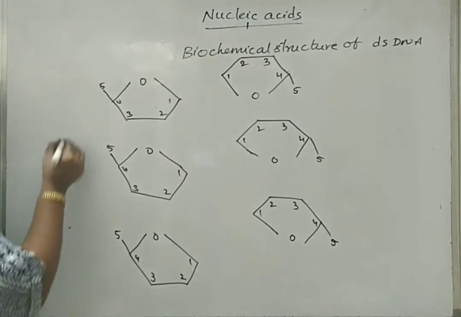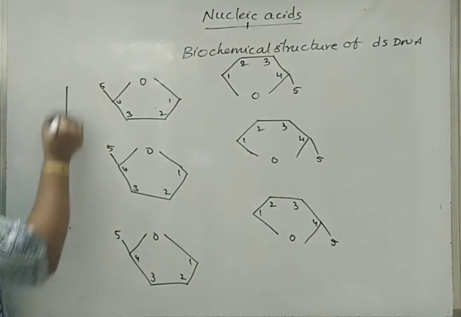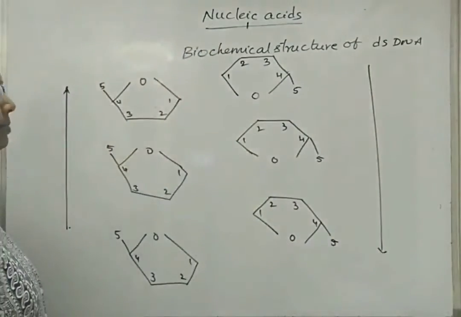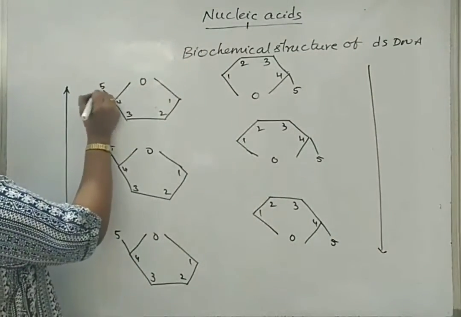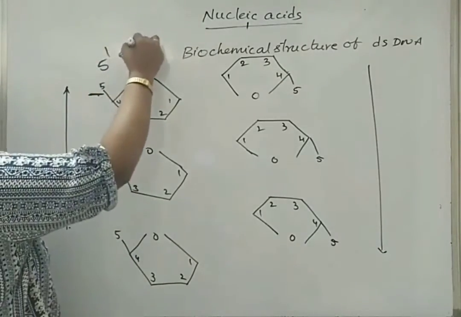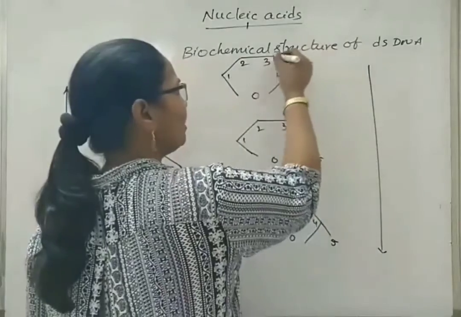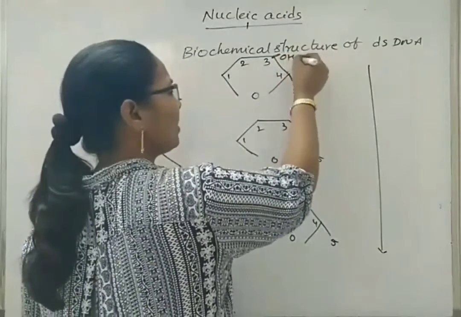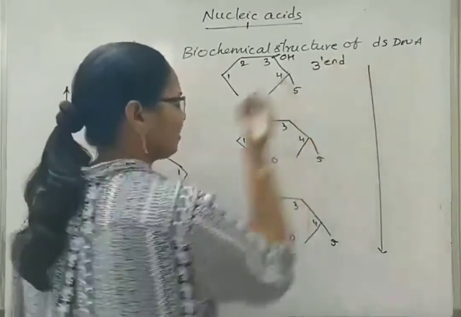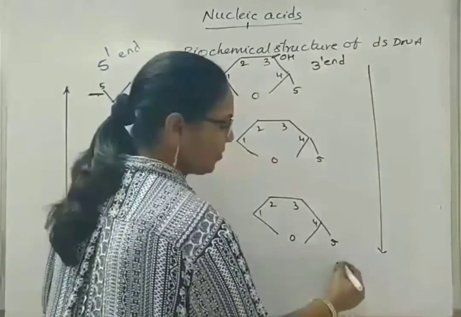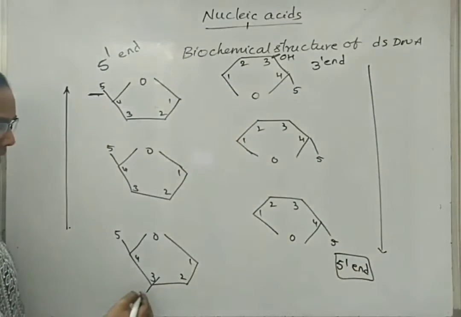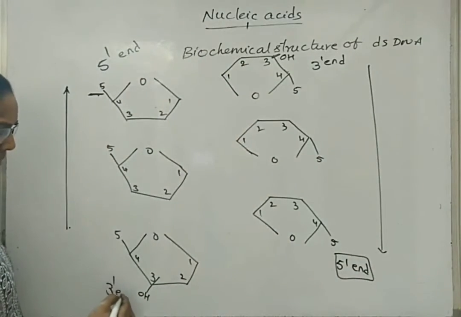This strand is moving upward, and this strand is moving downward. Since here the end is the 5th carbon, we call this the 5' end. And the complementary strand has the third carbon OH group, so this end is the 3' end. Here this is 5' again, and here this is 3' end again.